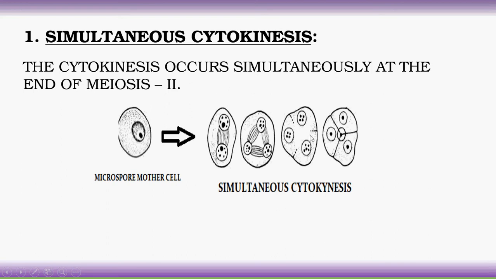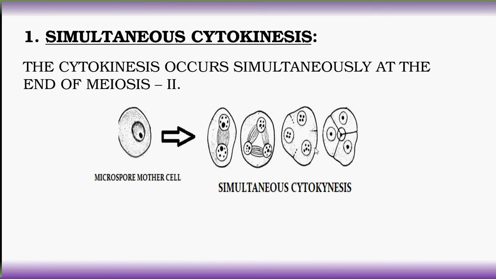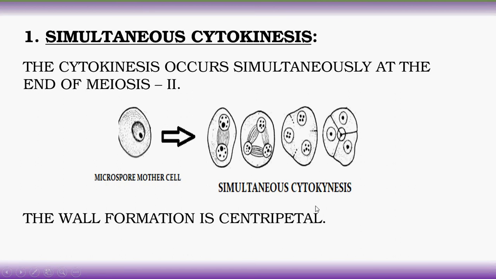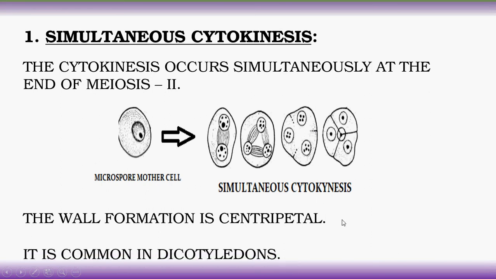This type of cytokinesis is called simultaneous cytokinesis because it occurs at the end of meiosis 2. And the wall formation in this cytokinesis is centripetal. That means the wall initiation starts at the peripheral walls and extends towards the center. This type of cytokinesis occurs in dicots.